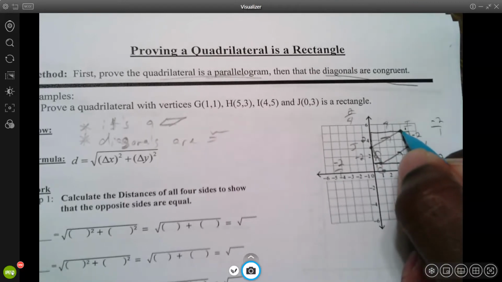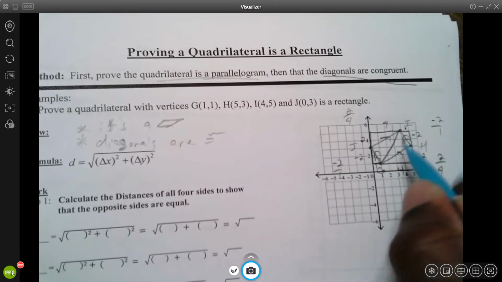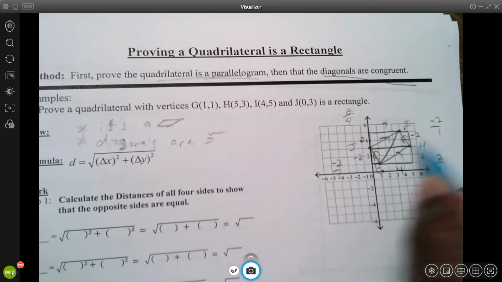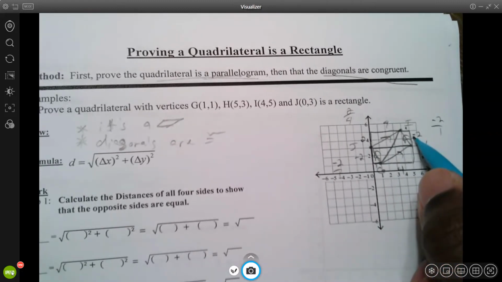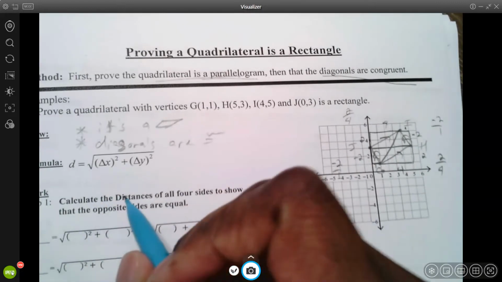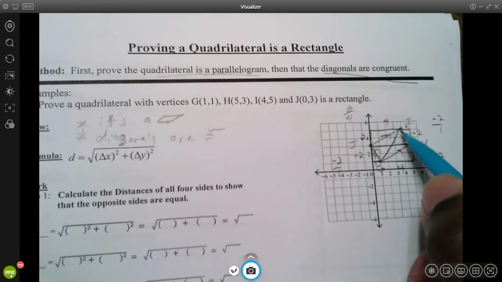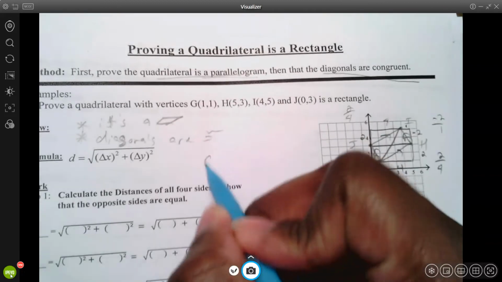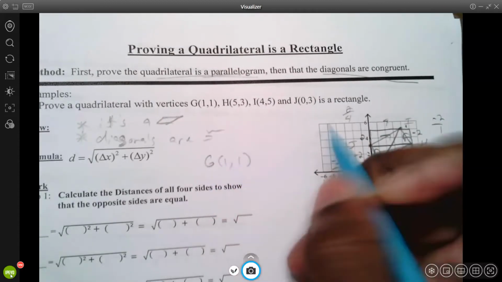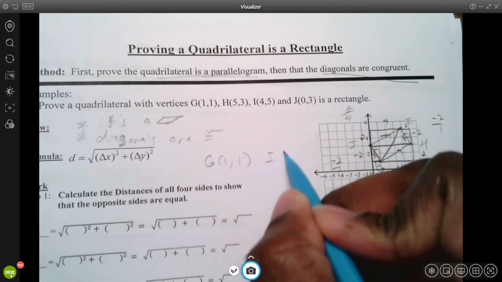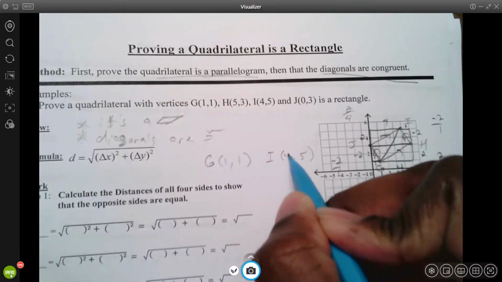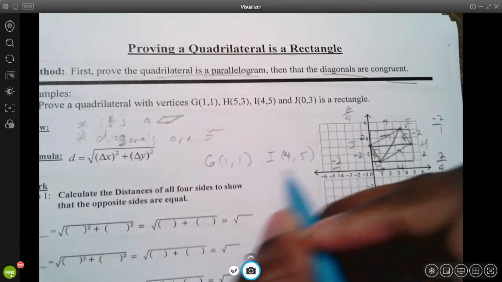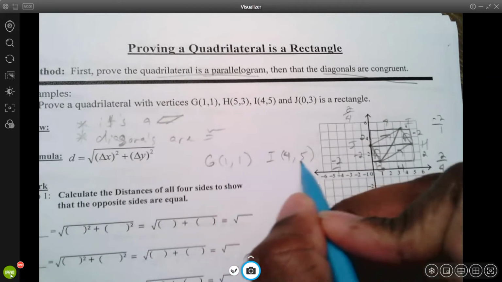So I'm going to prove that the distance from these 2 points is the same as the distance from those points. So I'm going to use the distance formula here. I want to find the distance from G and I. G has the coordinate 1, 1. I has the coordinate 4, 5. Using the distance formula, I'm going to first subtract the x's and subtract the y's.